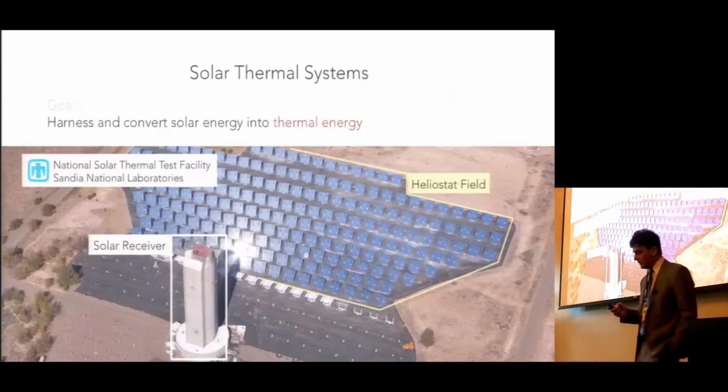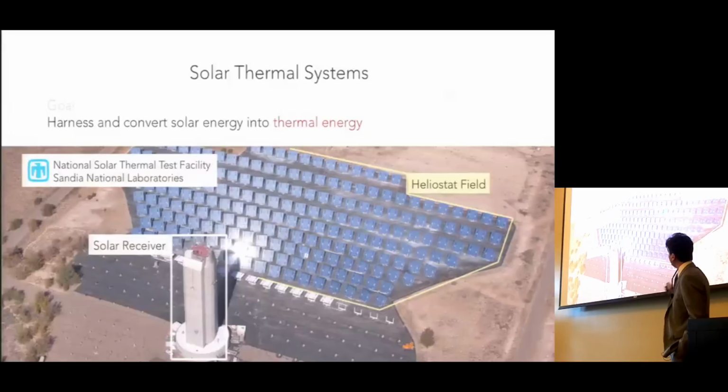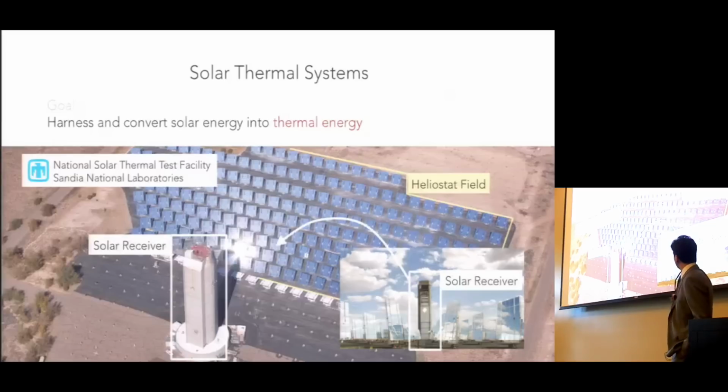I don't want to give you too much detail, but just to bring you up to speed with that, these are so-called solar thermal systems in which a vast array of mirrors, a heliostat in this case, concentrate the solar radiation onto a point on this tower. A view from the front, this is sort of the target of that mirror concentrated light.